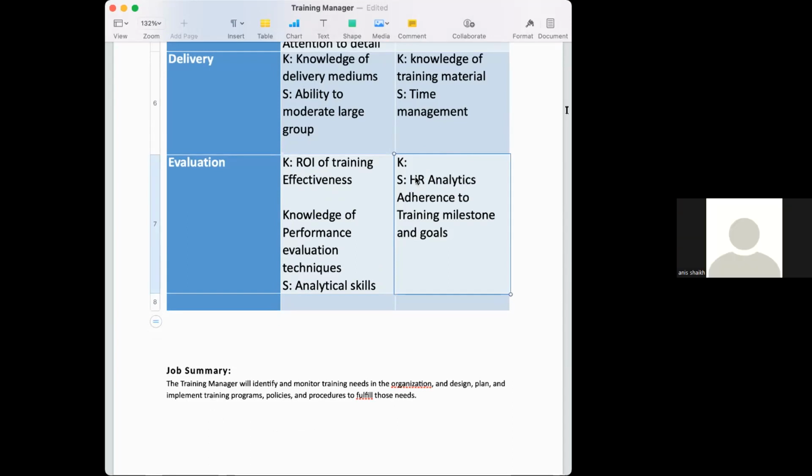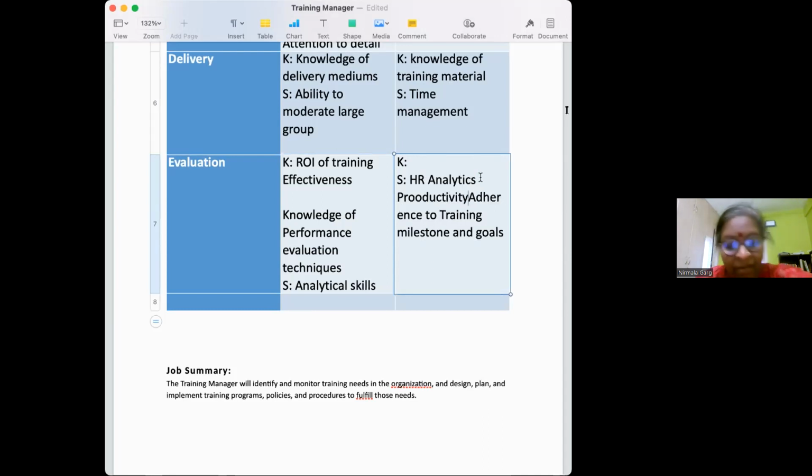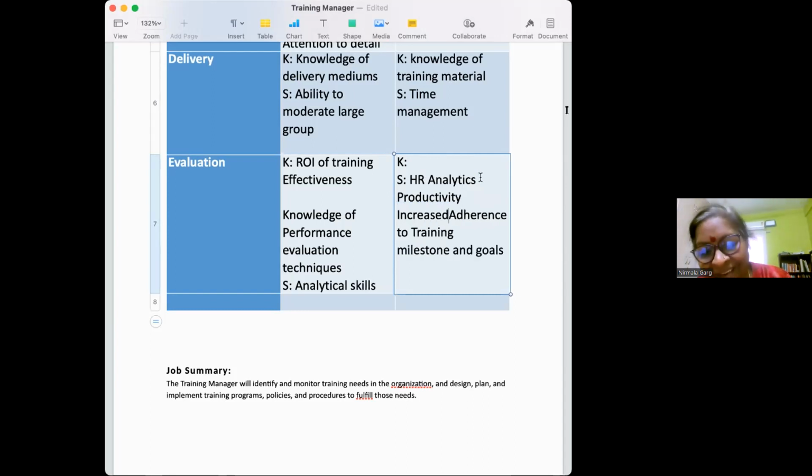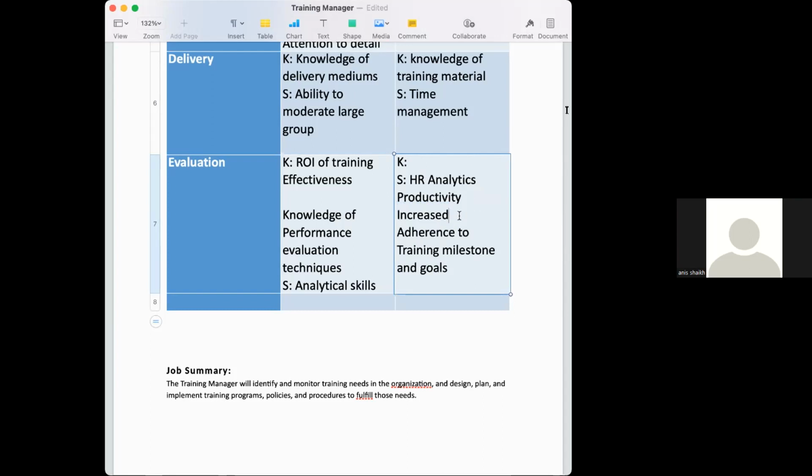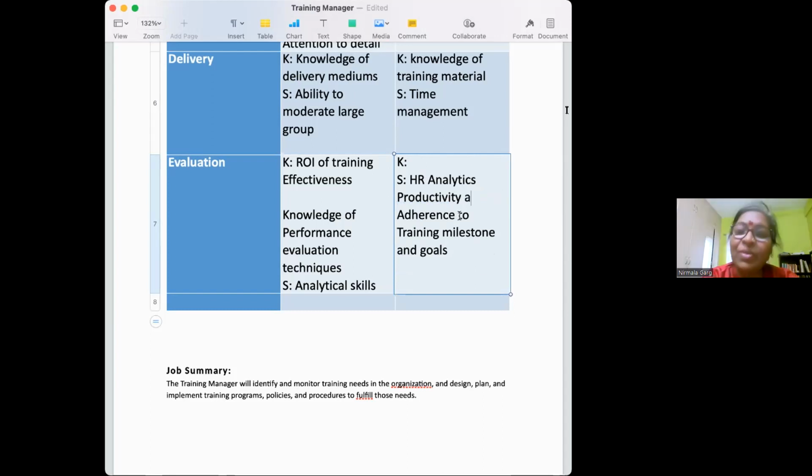If I've increased my training hours, I'm not just looking at evaluation in terms of the number of training hours over the number of training programs done. Am I looking at that, or am I looking at the impact of training in terms of productivity, profits, etc.? Then again, using the Kirkpatrick model.